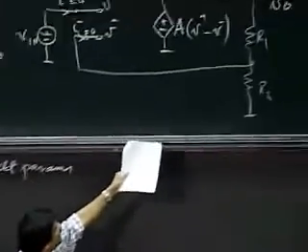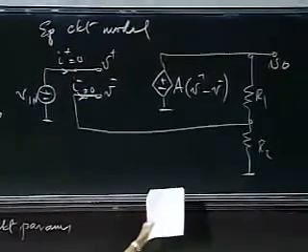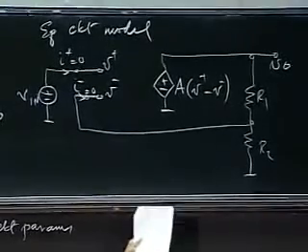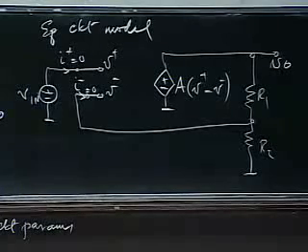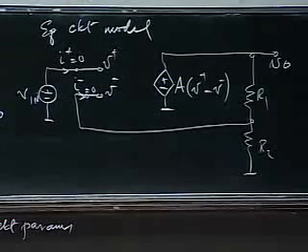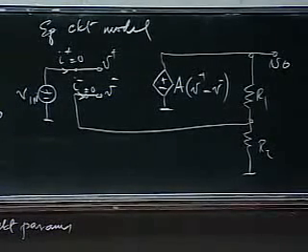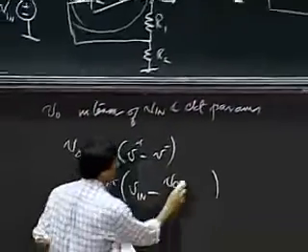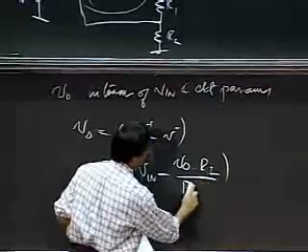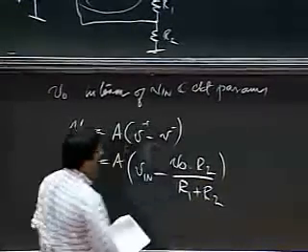V minus is simply the voltage between R1 and R2. Notice that no current flows into the V minus node. Okay, there's no current flowing in. So the voltage at V minus is simply the voltage given by the resistive divider, which is V naught times R2 divided by R1 plus R2.